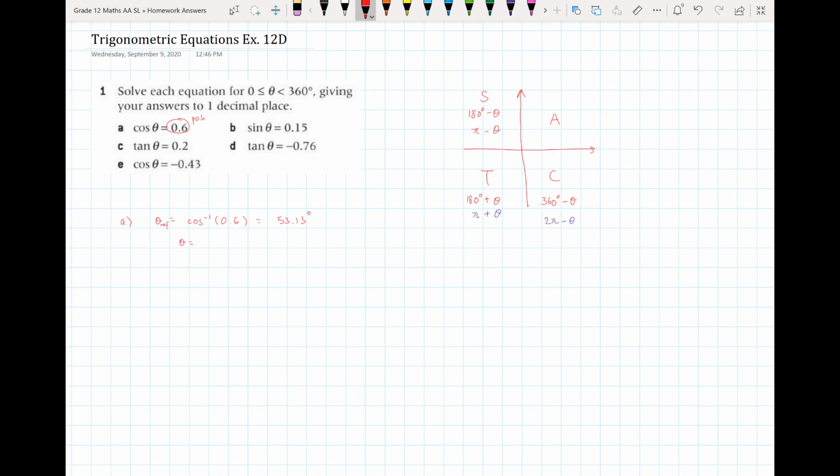So this is a reference angle, I would say. So the possible angles will be the reference angle itself, because all three trig ratios are positive in the first quadrant. And the other angle, for cosine, is 360 minus. So let me just rewrite this.